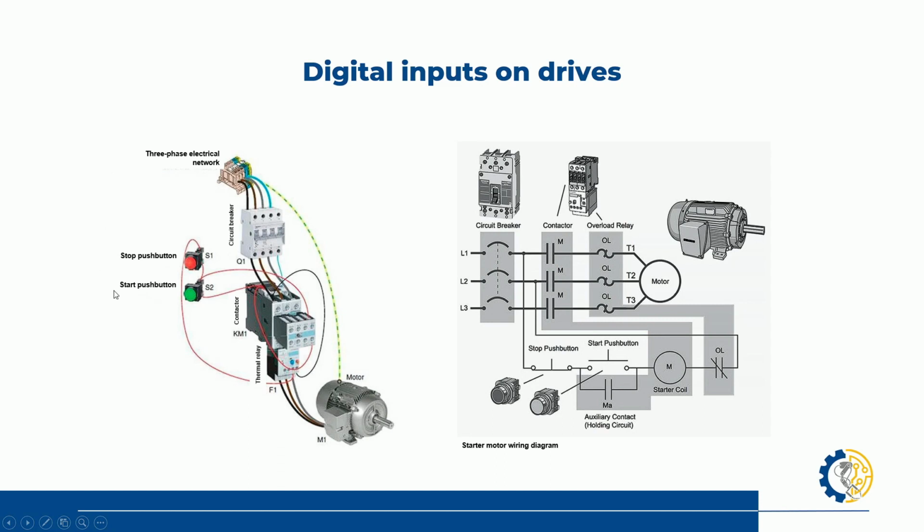So our button that we have here is S2. Now let's say that this is input number 2. So this button is normally open, and it blocks the signal unless we push it.